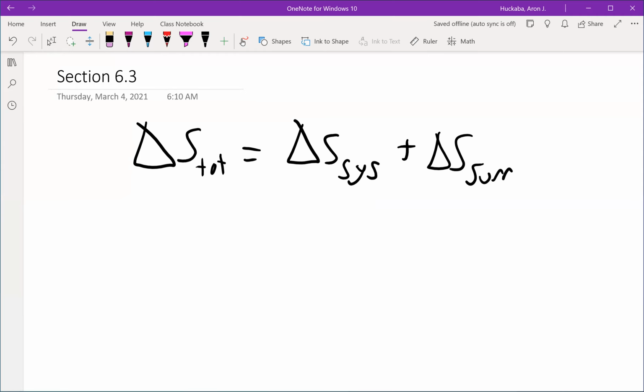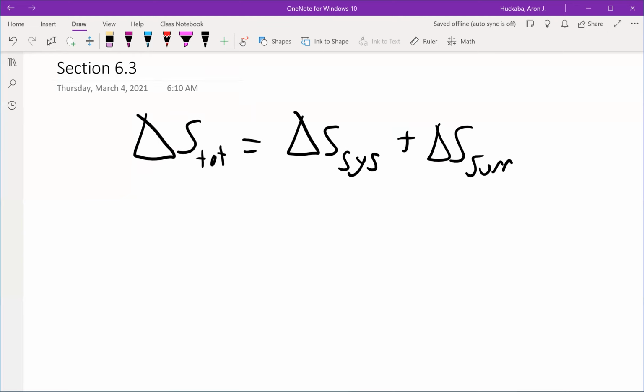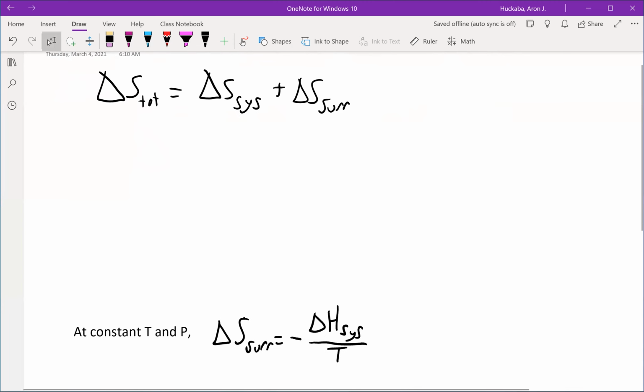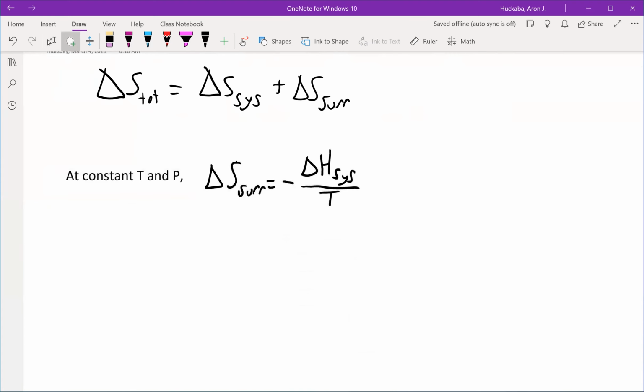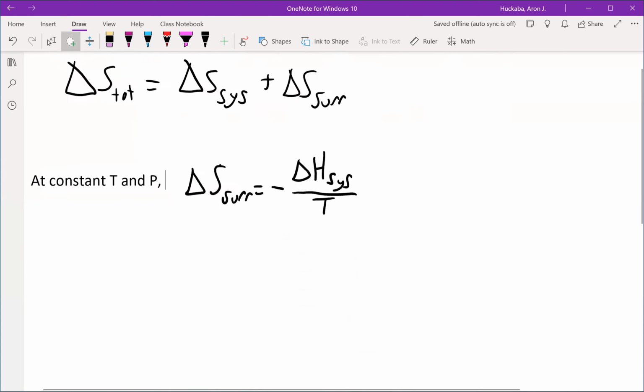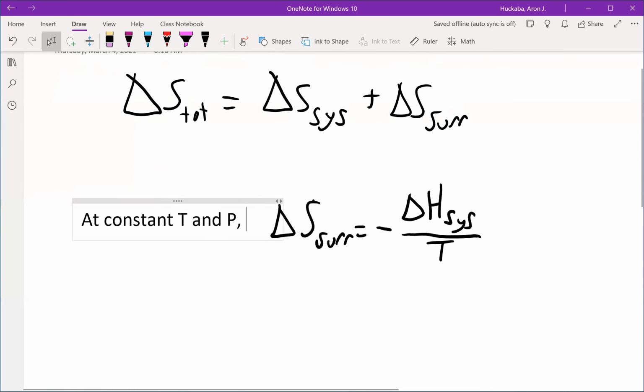The really nice thing for us, however, as chemists and scientists, is that at constant temperature and pressure, the delta S of surroundings is actually directly related to the enthalpy present in the system.